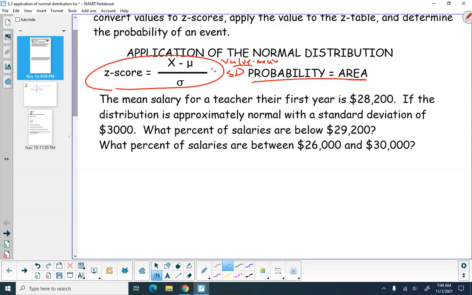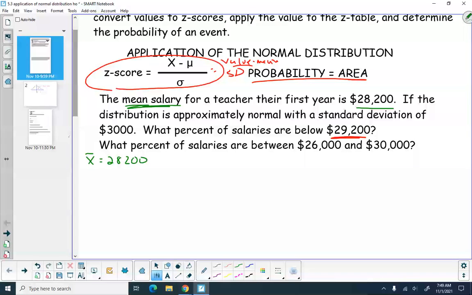The mean salary for a teacher for their first year is $28,200. If the distribution is approximately normal with a standard deviation of $3,000, what percent of salaries are below $29,200? We are given the mean salary is $28,200, so we're given X bar or mu, $28,200.